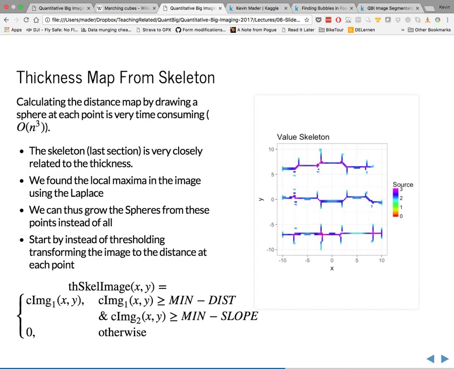And so this is what we cover here, that actually the skeleton that we have is a good first approximation for what the thickness map should be.